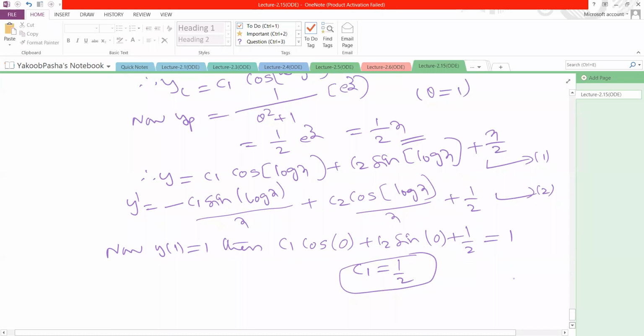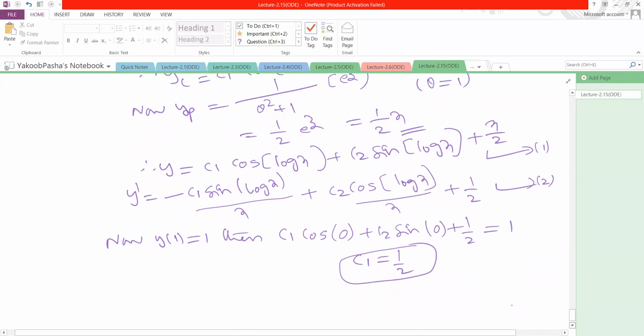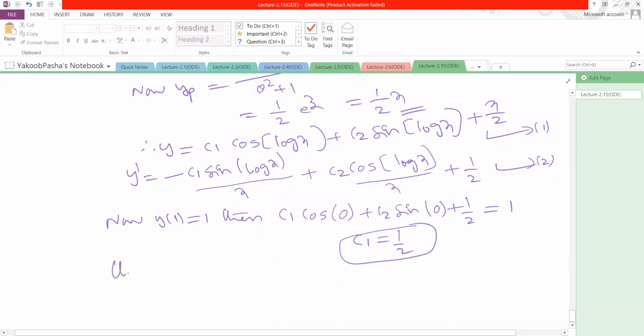Now apply the second boundary condition, y dash of 1 is equal to 1. Then I am writing minus C1, whose value is 1 by 2, into sin log 1 which is 0, denominator is 1, plus C2 cos log 1 which is 1, denominator is 1, plus 1 by 2 is equal to 1.